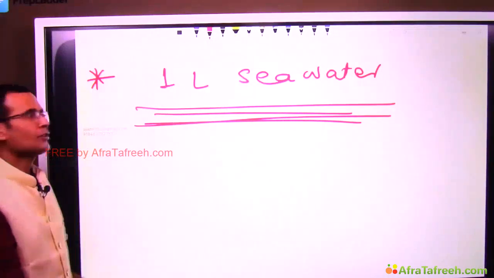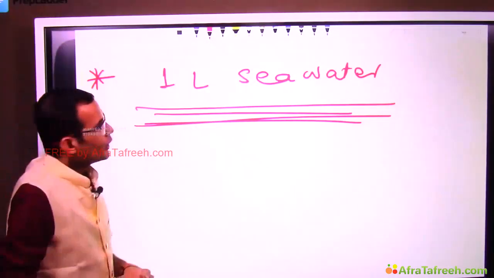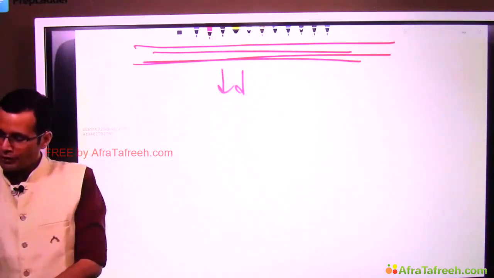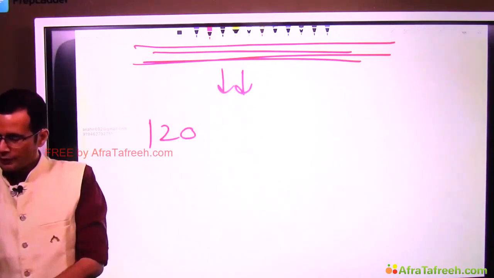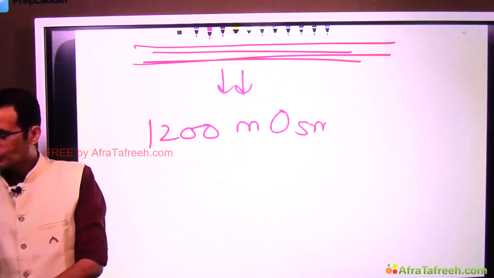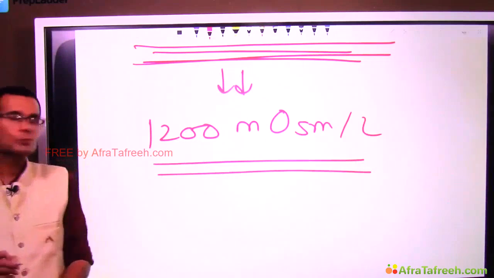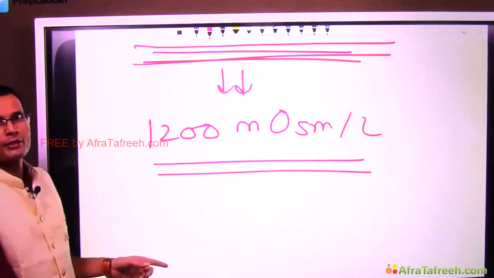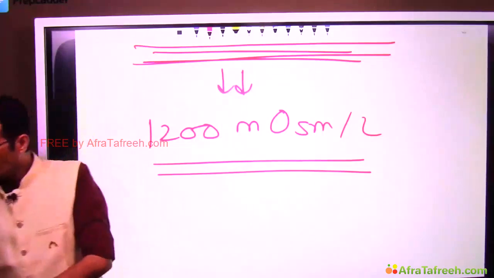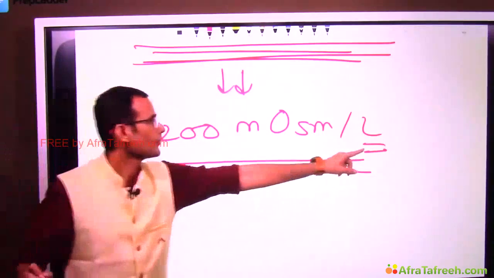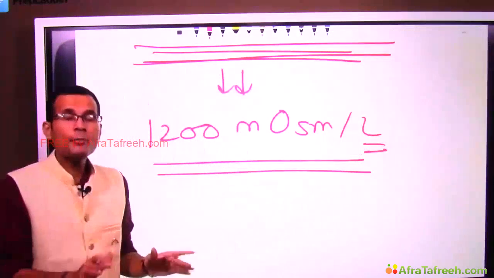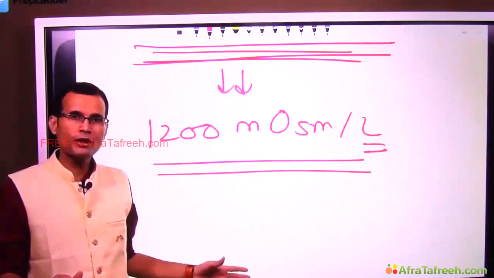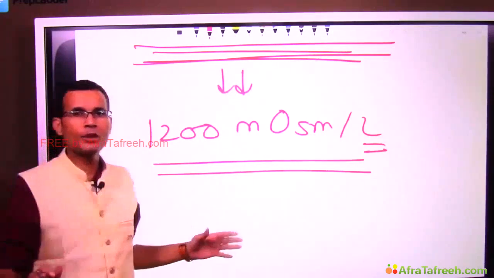That is why this question was asked. Look, the osmolarity of seawater is 1200 milliosmoles per liter. So when a man consumes 1 liter of seawater, he has consumed 1200 milliosmoles of solute. Okay, it's a hypertonic fluid, but it's a hugely hypertonic fluid.